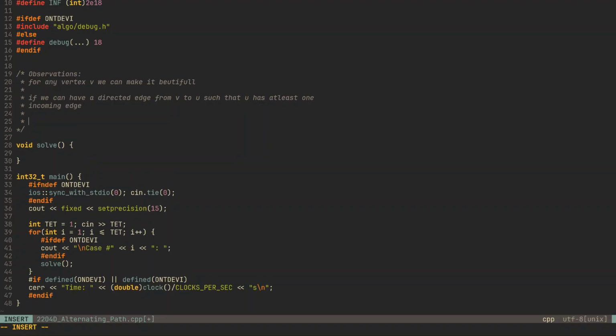So what can be the solution? If all the vertices have at least one in-degree and at least one out-degree, then we can do that. And for the vertices which have only a single edge, what we can do is give them one out-degree.